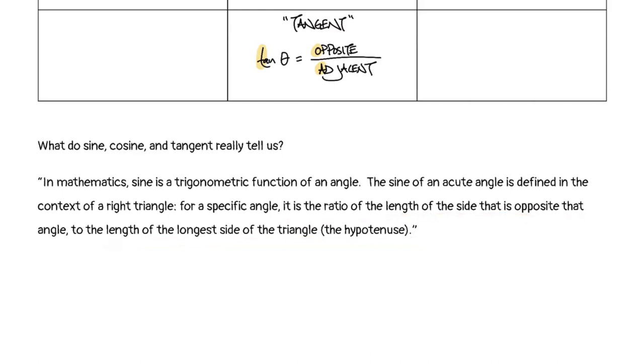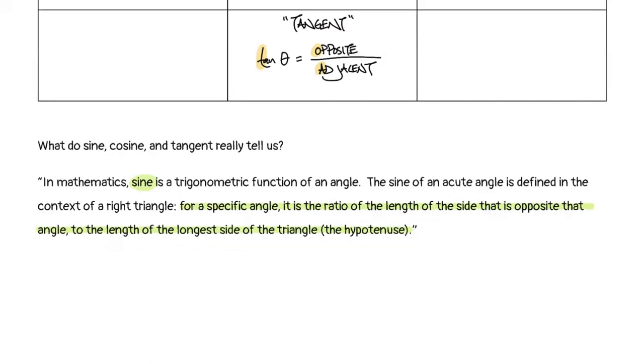And again, that is so important. I'm going to highlight that for us: for a specific angle, it is the ratio of the length of the side that is opposite that angle to the length of the longest side of the triangle. And that is in particular for sine.